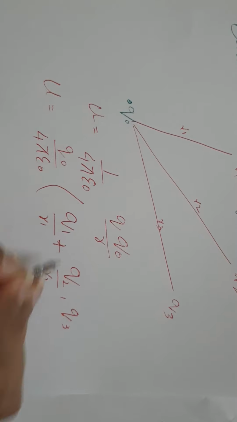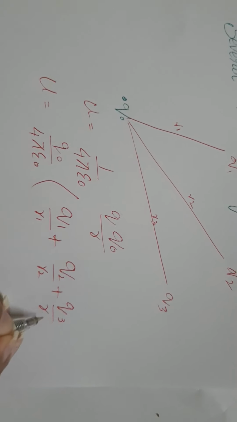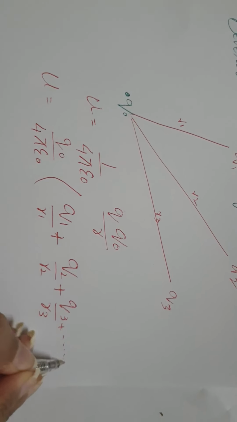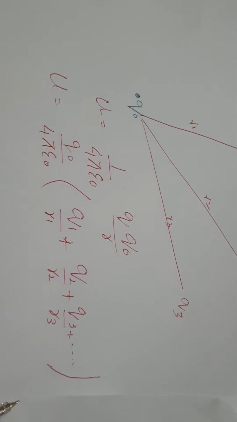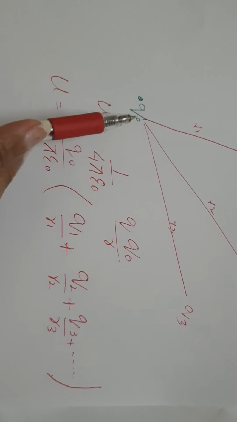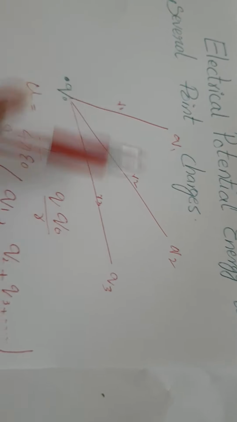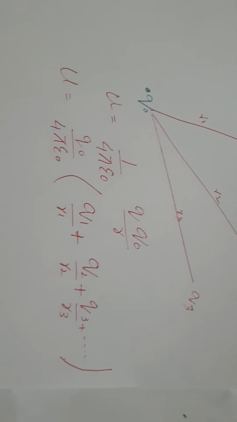It would be a sum and so on. So we have point charge Q naught and the collection of charges.